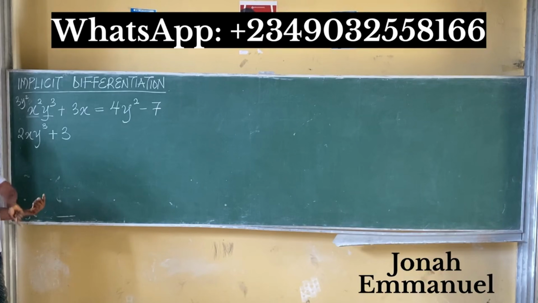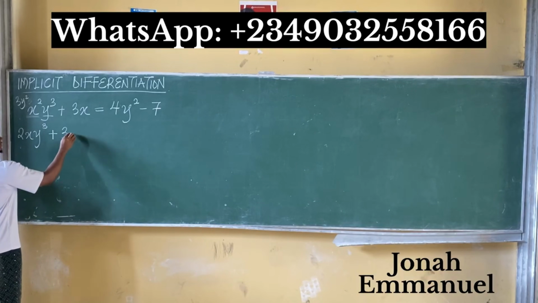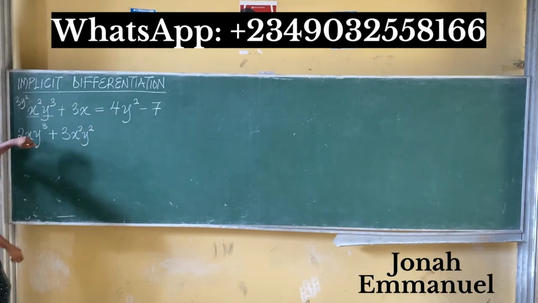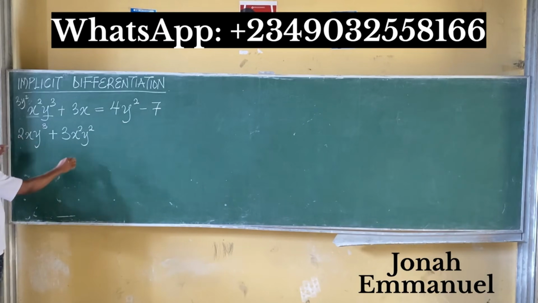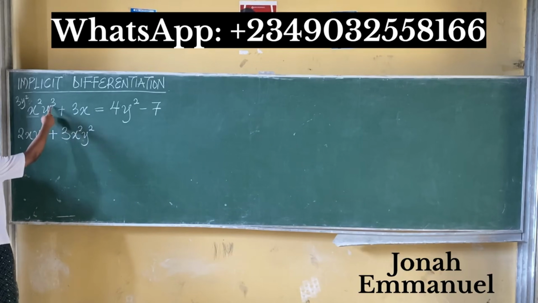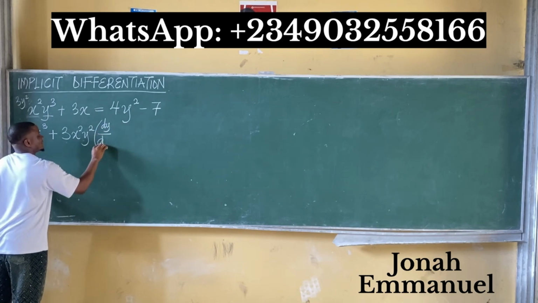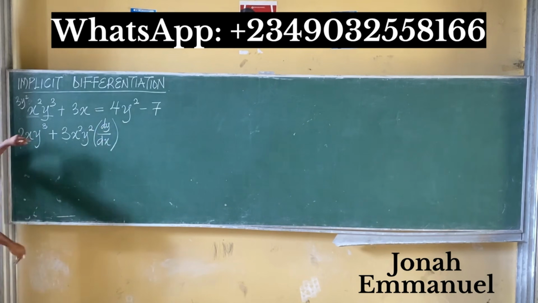It becomes 3x squared y squared. I said if you differentiate x, nothing changes, the same concept. But to get this value, I had to differentiate y cubed. And whenever you differentiate y, you add dy/dx. So that's the concept.